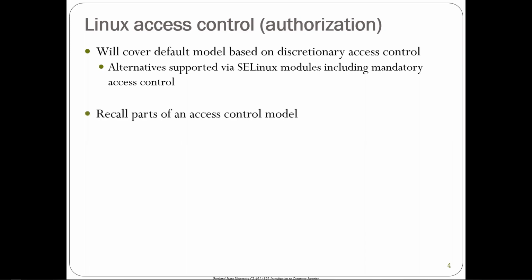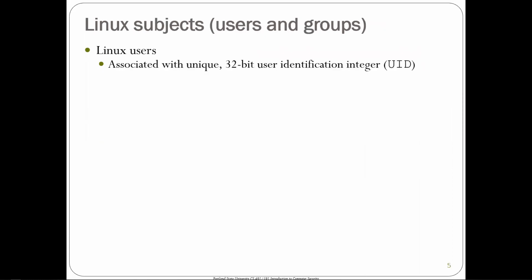Okay, I'm going to rewind back to the different parts of an access control model: subjects, objects, operations, and policies that you would define for your system to control security. Starting with Linux subjects: they are basically users and groups that are local to the operating system.